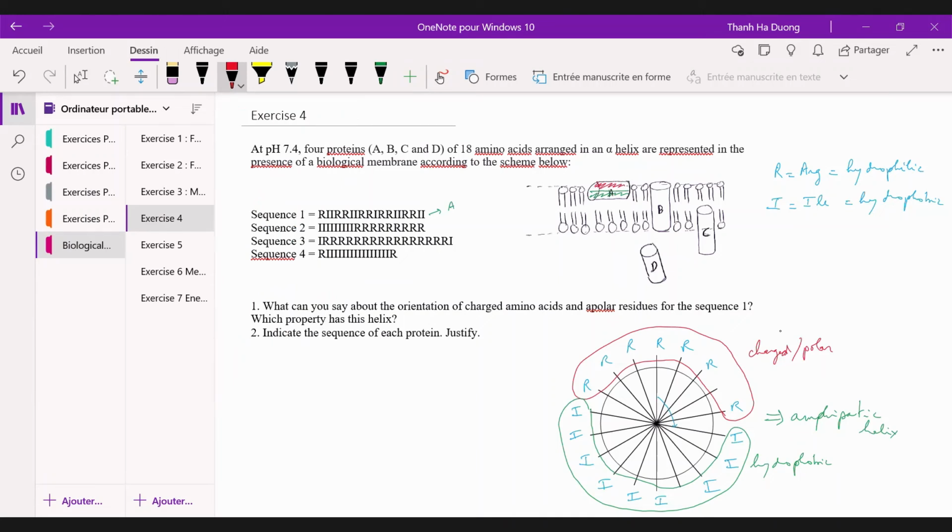Okay, so the other, sequence 2 corresponds to B, C, or D? Protein C. Mm-hmm.